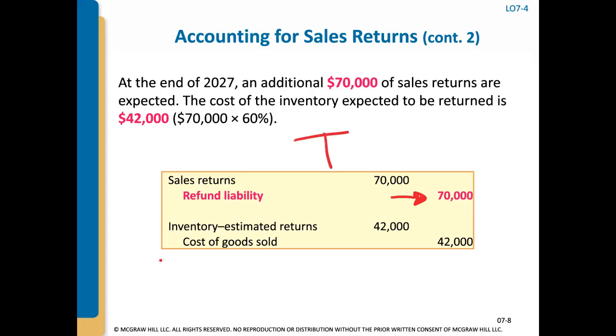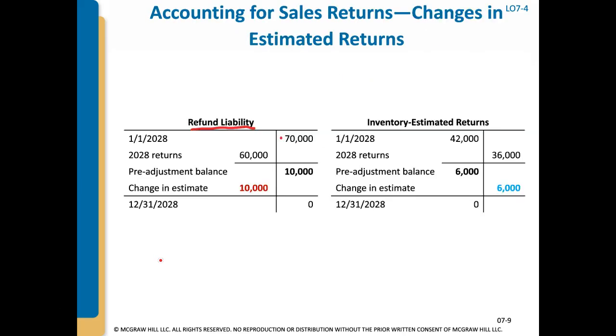So we had that refund liability of $70,000 booked at 12/31/2027, and that's rolling forward to 1/1/2028. And what happened in 2028 is we didn't actually have $70,000 of returns. We only had $60,000 of returns.